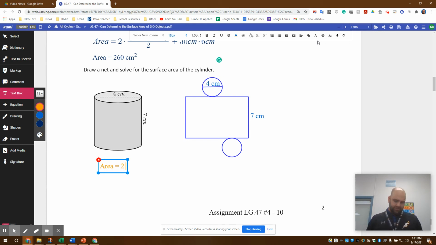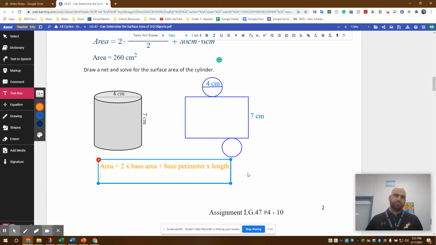Our area is 2 times the base area, which is a circle in this case, plus the base perimeter times the length, or height, if you want to think of it that way, of this cylinder. Okay, I'm going to put in our formulas really quickly here. Area is equal to 2 times pi r squared.